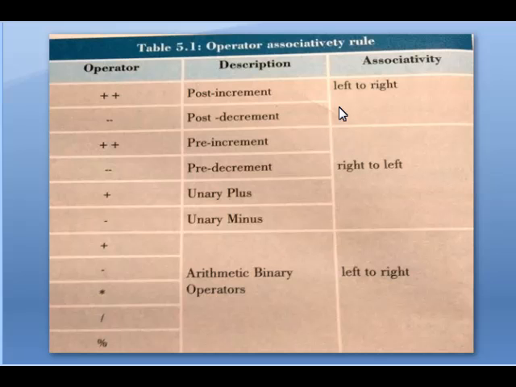So if there is any post-increment or post-decrement operator, we have to do that first. Then pre-increment and pre-decrement, that is right to left. Then unary plus operator and unary minus operator, that is right to left. Then plus, minus, multiplication, division and modulus, these arithmetic binary operators, from left to right.